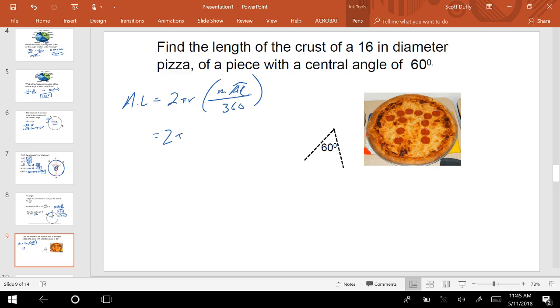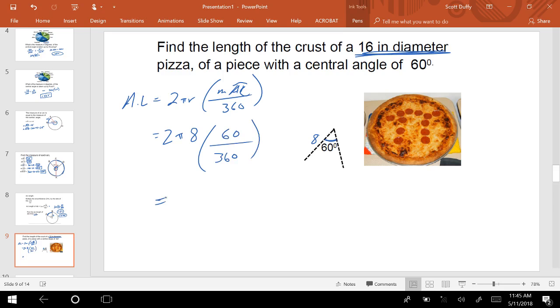So 2 times pi times the radius. We have a 16-inch diameter, so that means that our radius is half of that, 8. So we're going to say 8 right there. And then we know the measure of the central angle is 60 divided by 360.